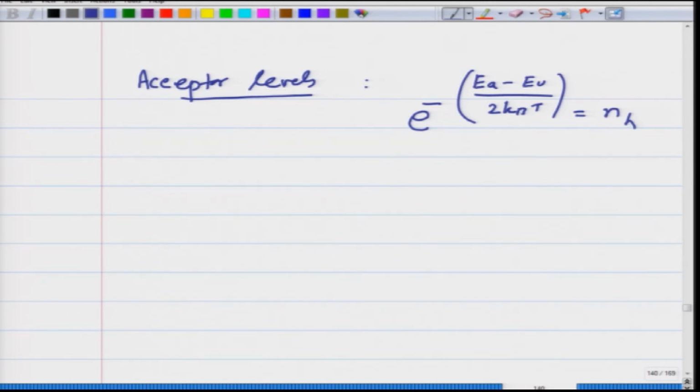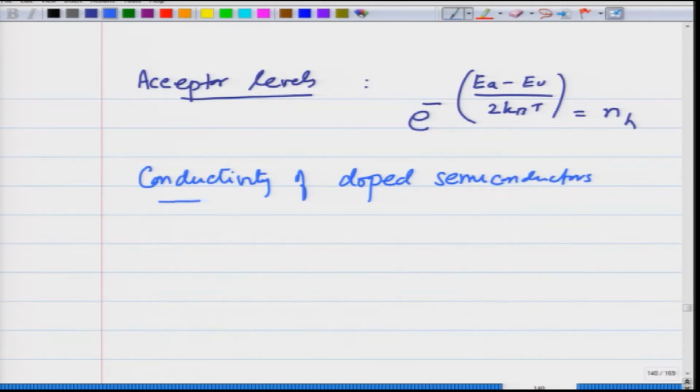So, that I will leave for you. So, the conductivity of doped semiconductors is going to give you two different slopes depending on what temperature range you are at.